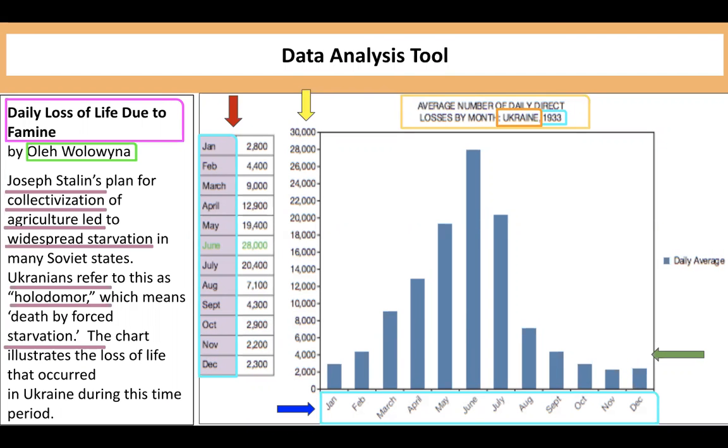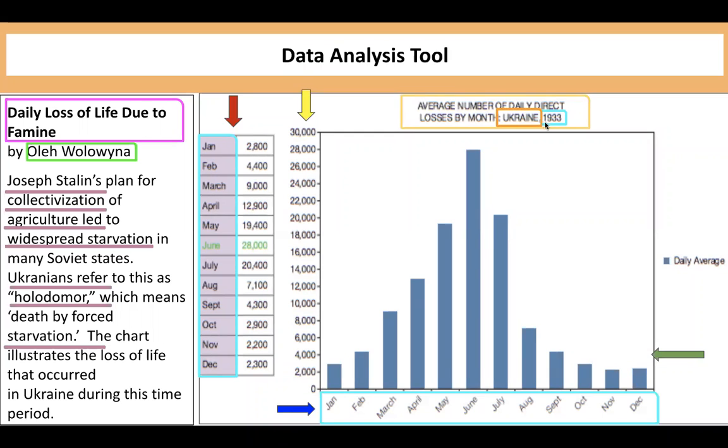So what does this all mean now? Now that we've broken everything up, we need to really evaluate everything that we've been noticing. One of the first things to do is think about our other steps and look at our annotations. Based on the first 2 steps, we can see that this data is trying to illustrate the loss of life in Ukraine during the year 1933, month by month.